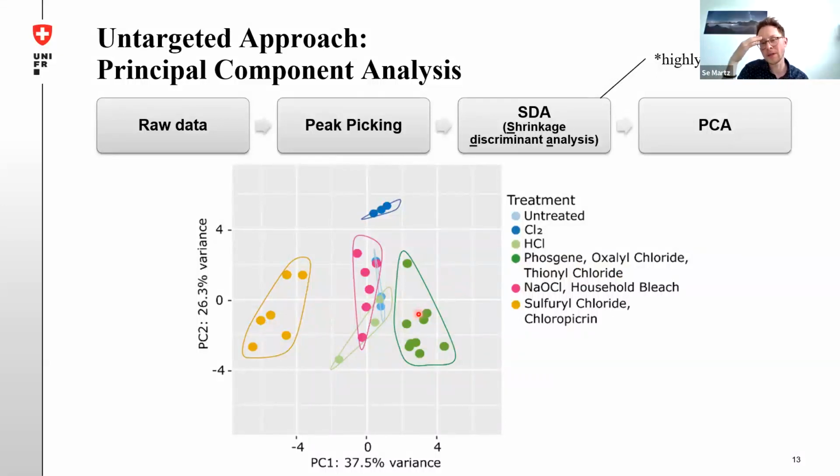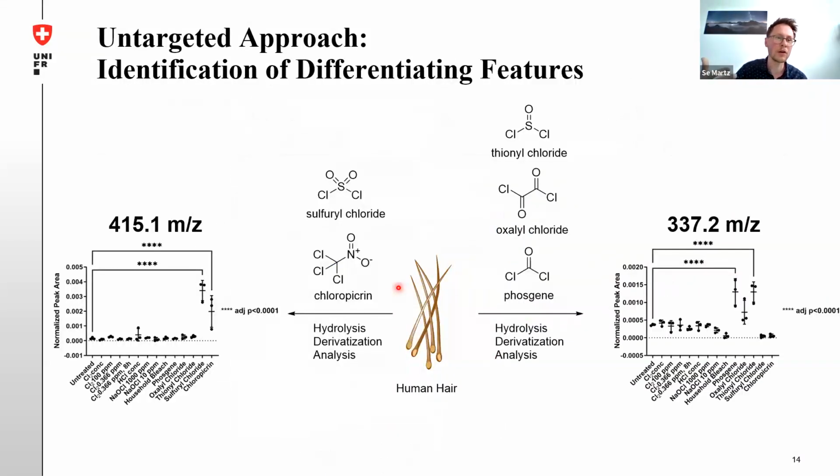And now we were interested in what makes these differences, and so we were looking to identify these differentiating features. As I said, on the left-hand side, we had these 2 chemicals forming an adduct, where for now we only have a mass. And this mass was found in these samples with 415 m/z.